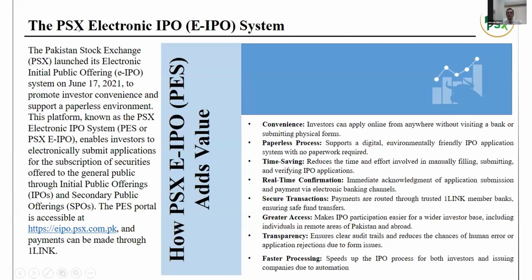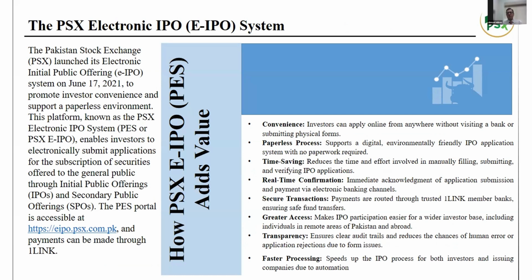Now, once the book building is done, the shares are offered to the public, and for that, PSX has its eIPO system in place, which is very convenient, and you don't need to fill in the forms or applications physically. You can come online and register yourself and make the payment and subscribe to the shares.